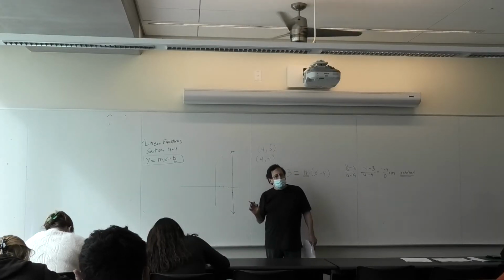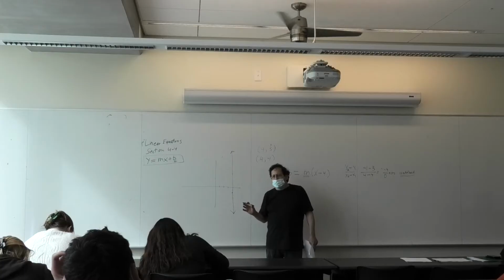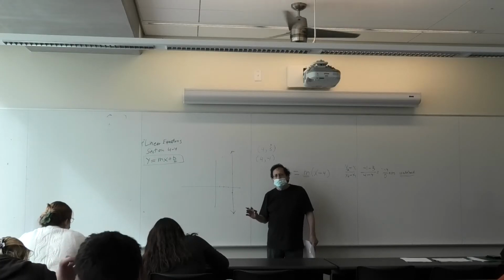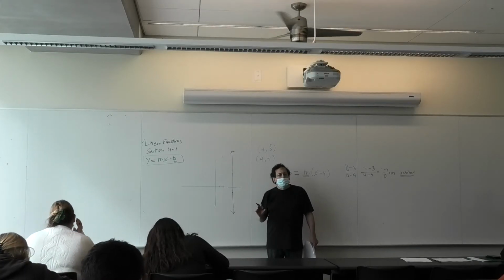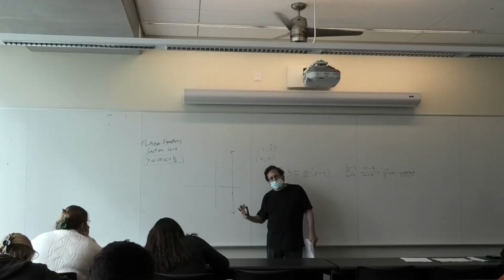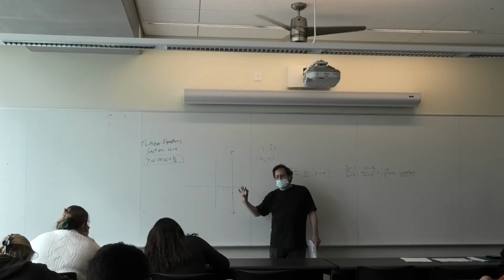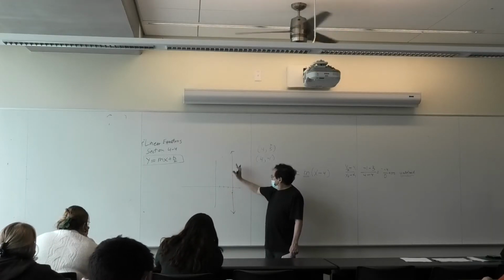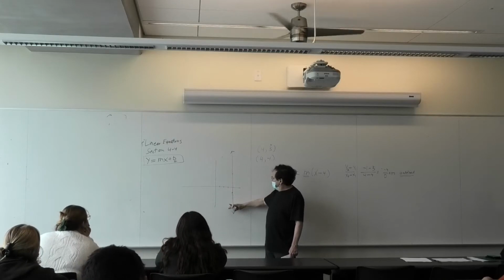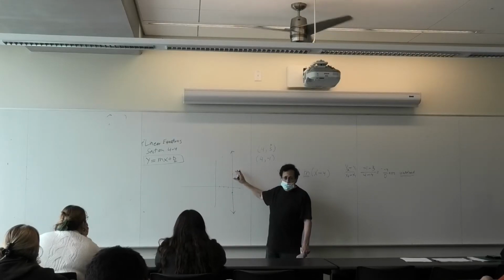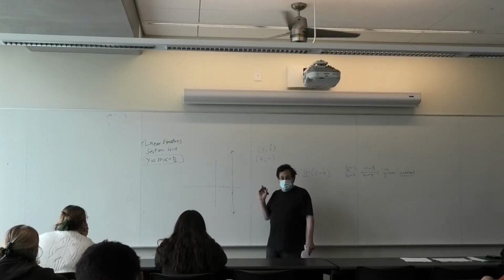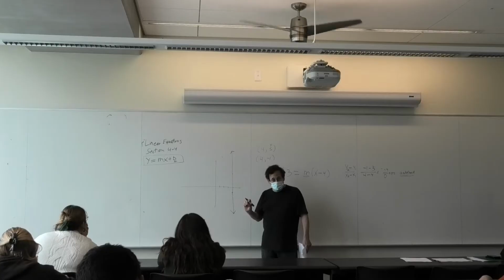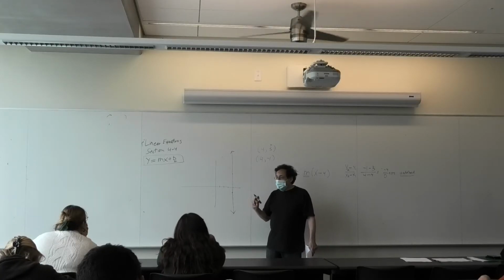Do you remember we were talking a few days ago about functions? And we talked about the vertical line test. And this doesn't pass the vertical line test. Put a vertical line, it goes through many points. This is not a function. But we can write the equation.